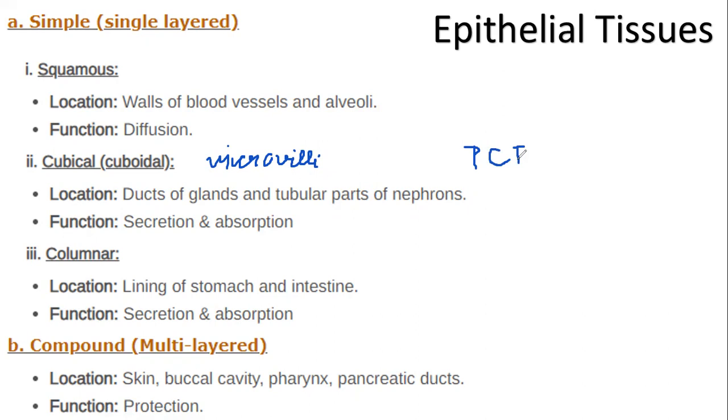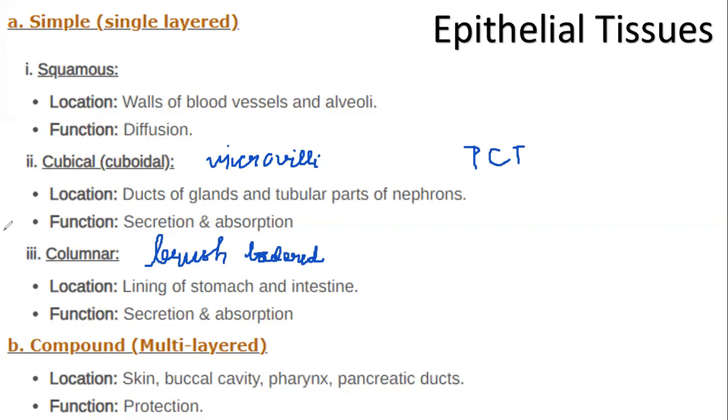Is that clear? Then, after this, we have the columnar epithelium, which is also called brush bordered epithelium. The location is in the lining of the stomach and intestine, and their function is secretion and absorption.